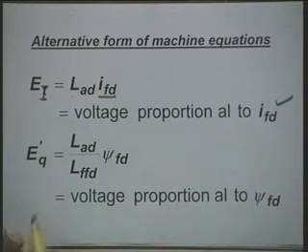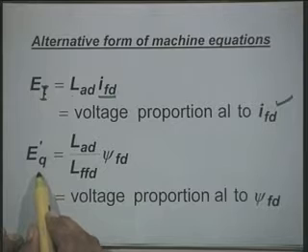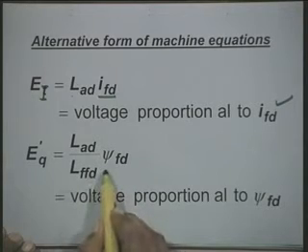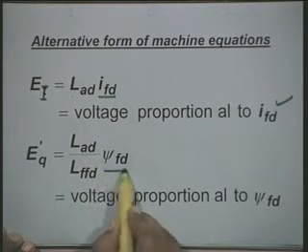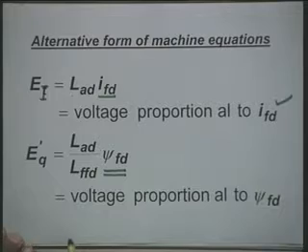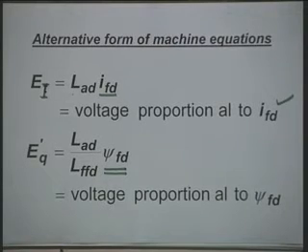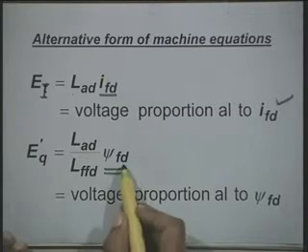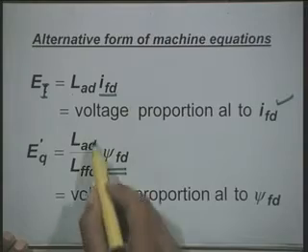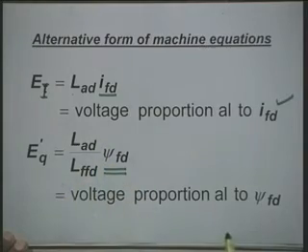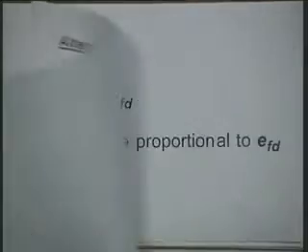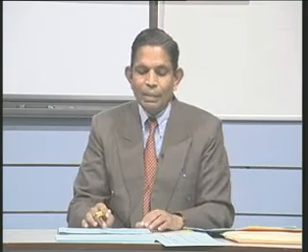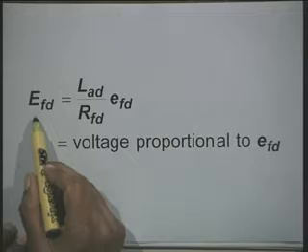Second term which we define here is a voltage EQ prime, which is proportional to the field flux linkage, that is psi FD. That is, instead of talking about the field flux linkages, we talk about a voltage term, and this voltage term is proportional to this flux linkage, and this is the proportionality constant. And the third term which we define is EFD.